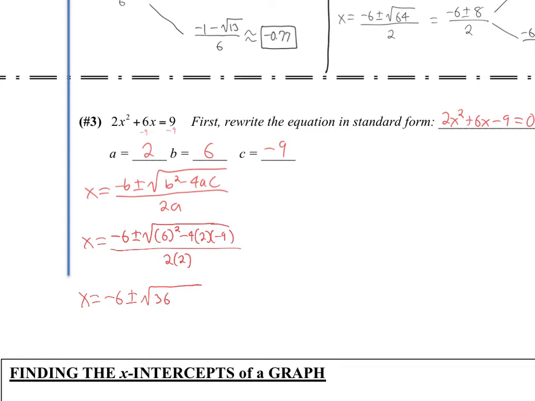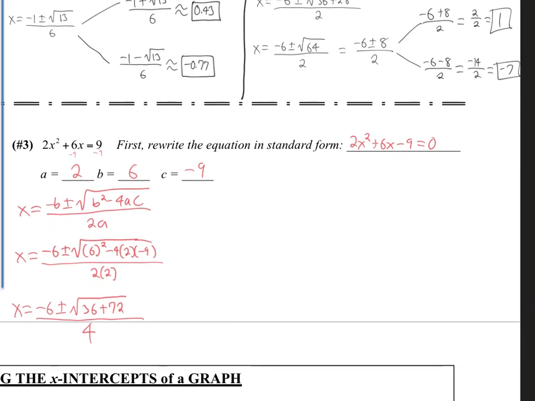Negative 4 times 2 times negative 9 is positive 72. All over 2 times 2, which equals 4. Oops, I wrote 2. I'm going to go back over here. So now it's going to be x equals negative 6 plus or minus the square root of 36 plus 72 is 108. All over 4.